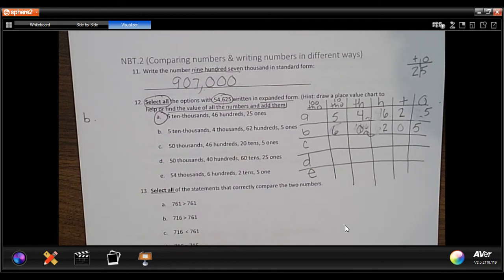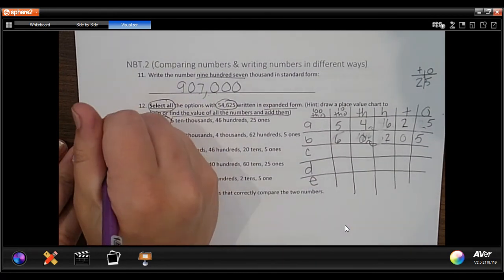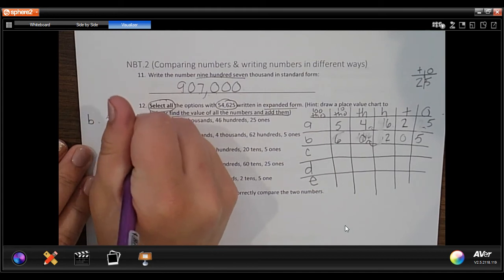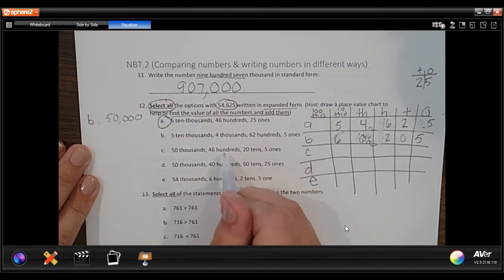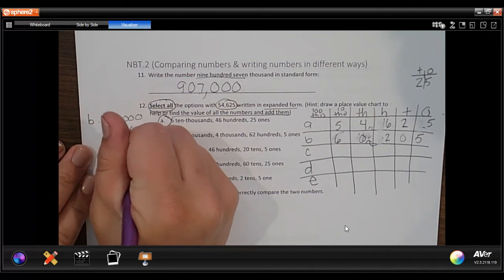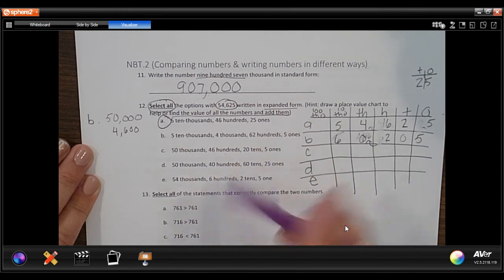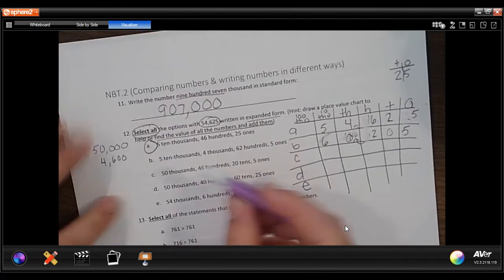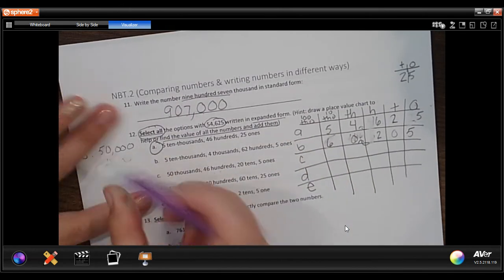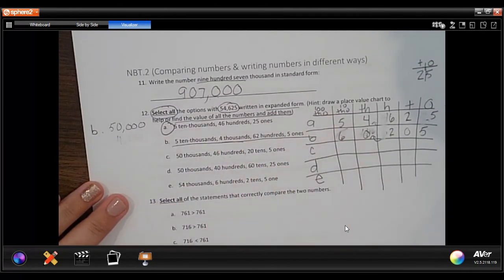So I'm going to do B over here on the side. I'm going to find the value of all these numbers. So 5 10,000s I know is 50,000. 46 hundreds, 46 times 100 is 4,600. Oops, I accidentally went down to C for that one. I just have 4 thousands there. So I'm actually on this one right here. I'm going to underline it for myself to keep myself in order.